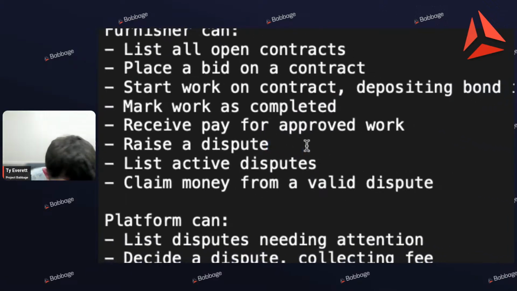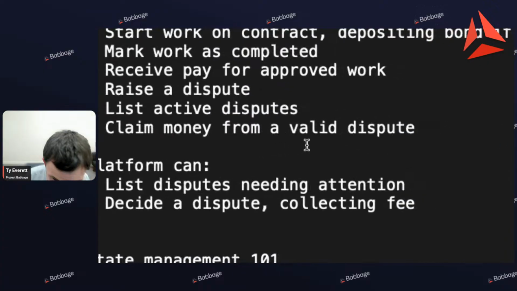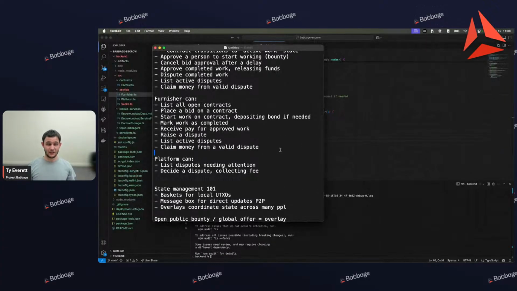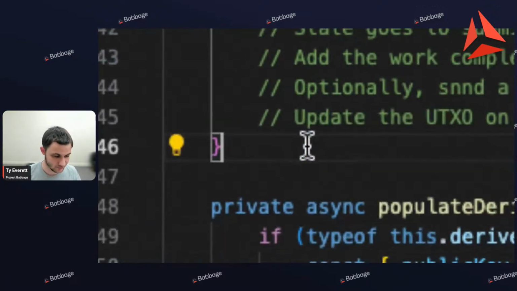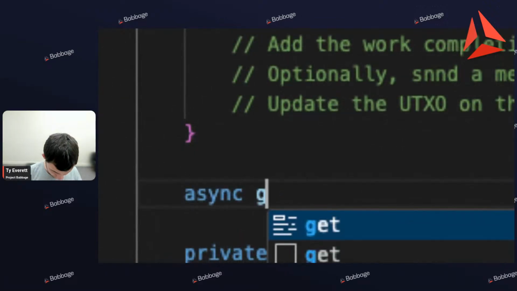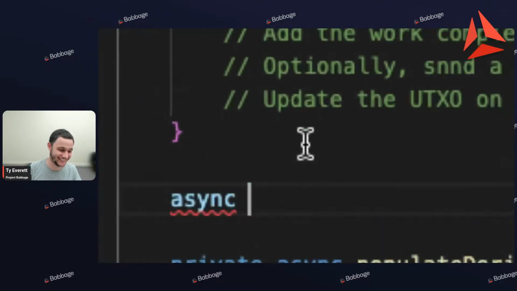Receive pay for approved work, raise dispute, list disputes, claim money from dispute. Yeah. So first we got to get paid. No, we can't do that.